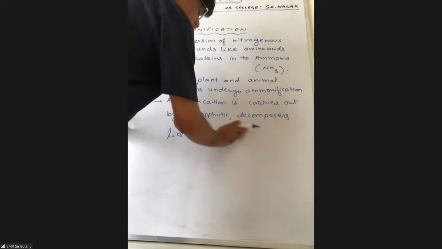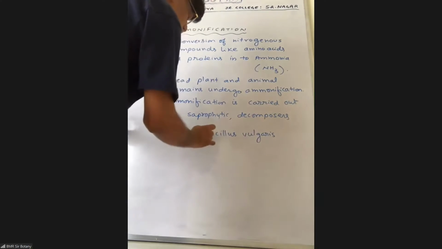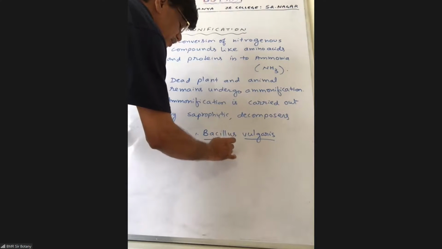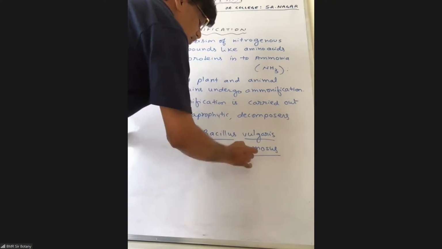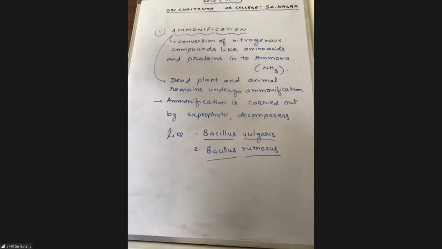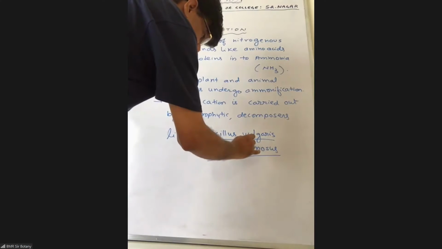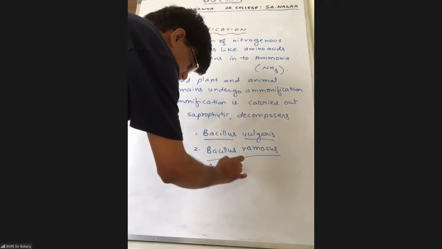Bacillus vulgaris. Two, Bacillus ramosus or ramosus, either way you can call it. Some books give the spelling one way, some the other. Three, Bacillus mycoides.